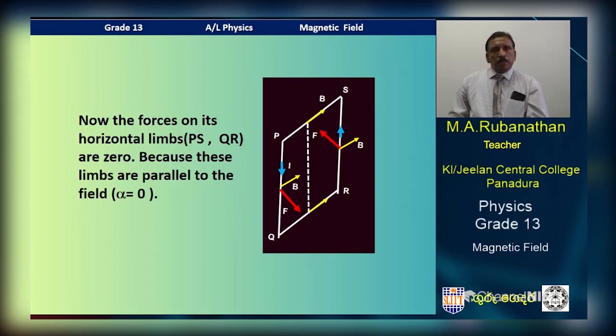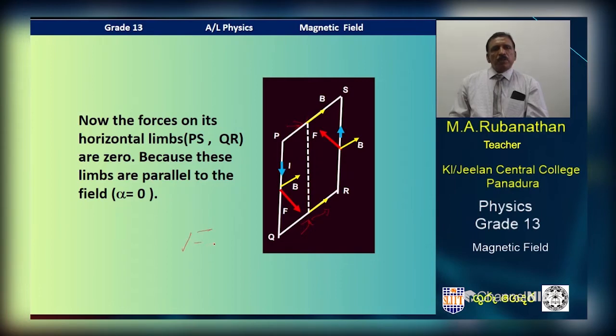See that limb, this one, and this another one. These limbs are parallel to the magnetic field. Therefore, alpha is equal to 0. Therefore, there is no force on this conductor.